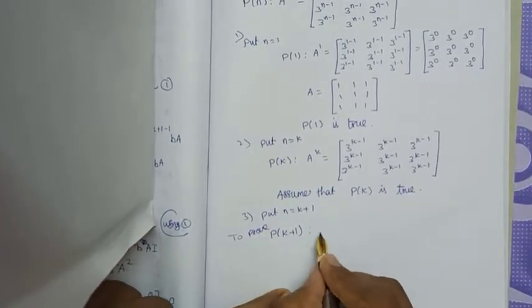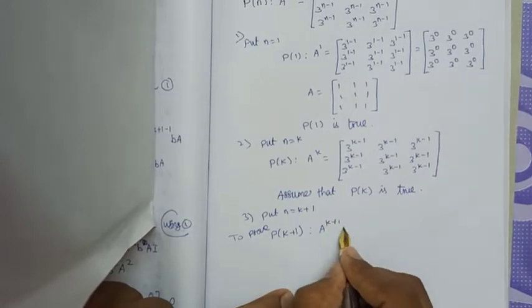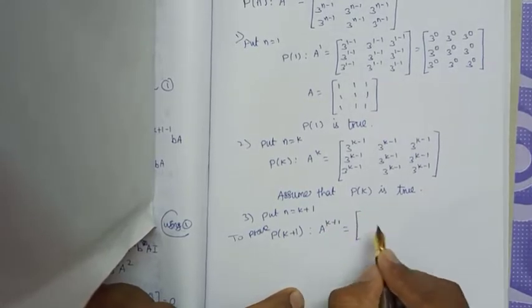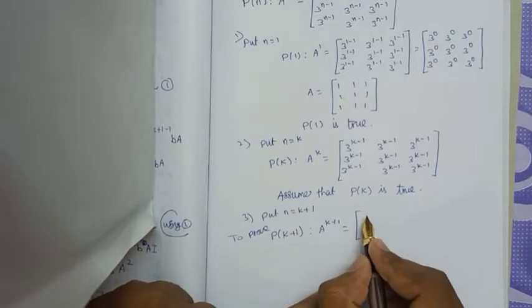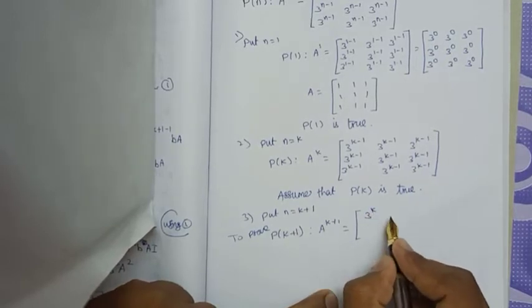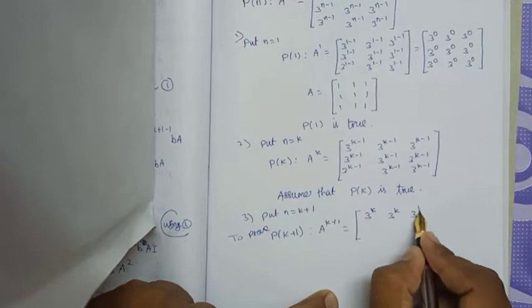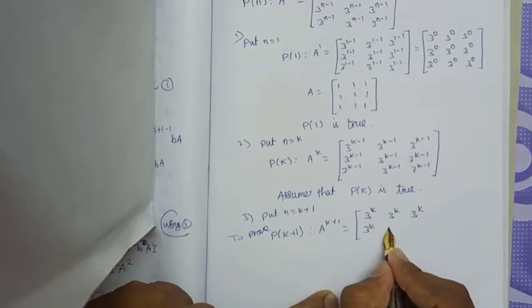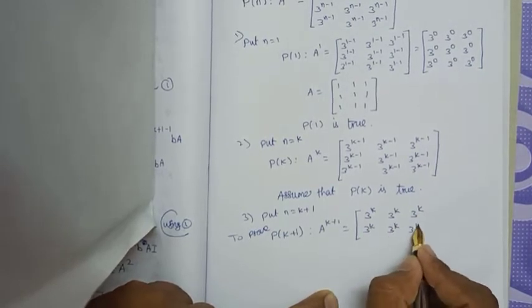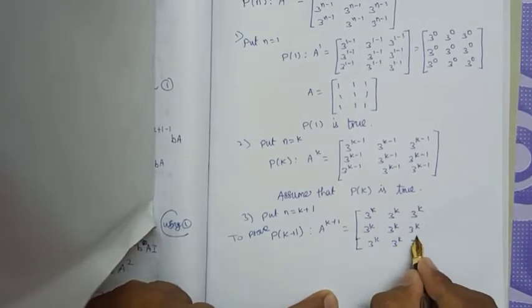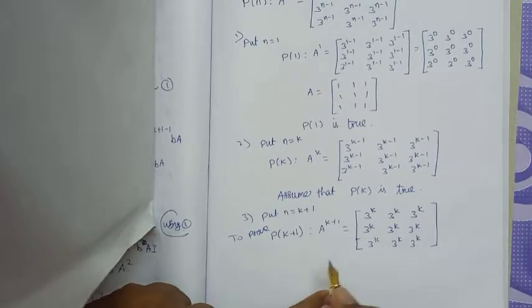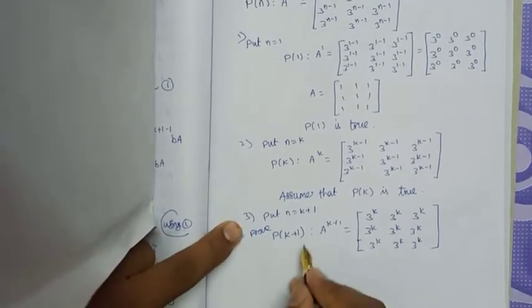Okay, so P(k+1) equal to A^(k+1) which is equal to 3^(n-1), so we replace n by k+1, we get 3^k. Okay, so 3^k, here all the entries are 3^k. So this is what we need to prove. Okay, now consider the left hand side.